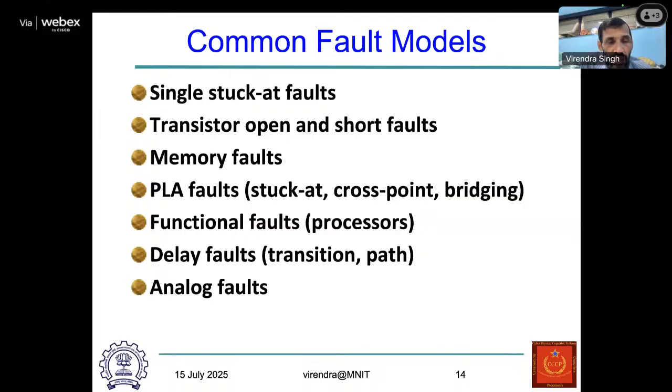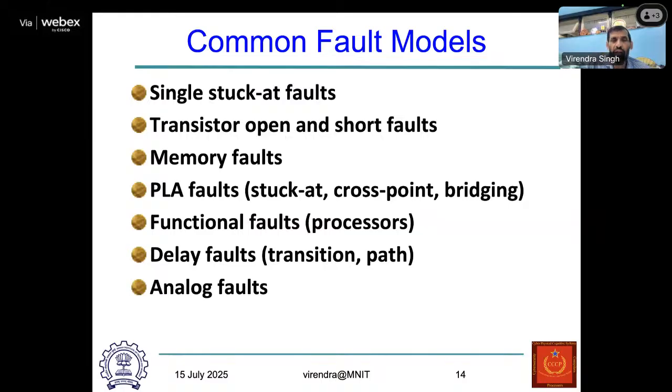Most of the companies are testing their circuits using the transition delay fault model. The path delay fault model is too expensive to test, and most companies don't go for it.